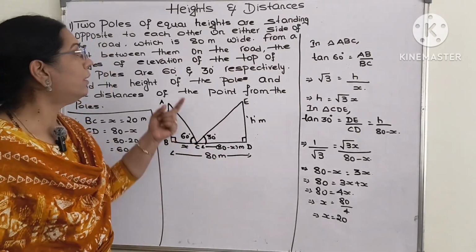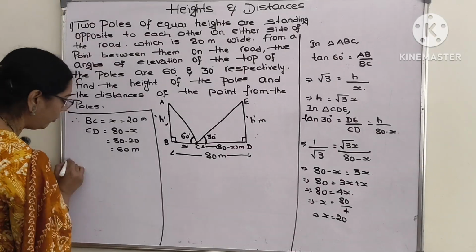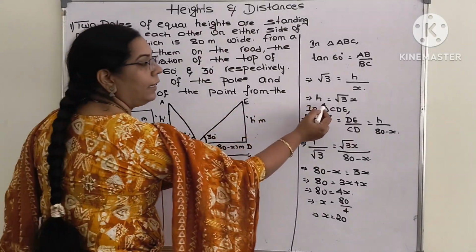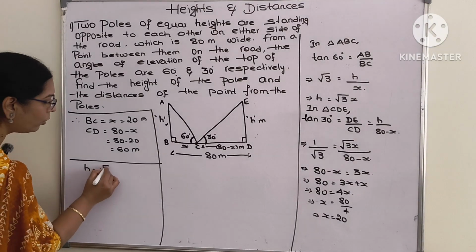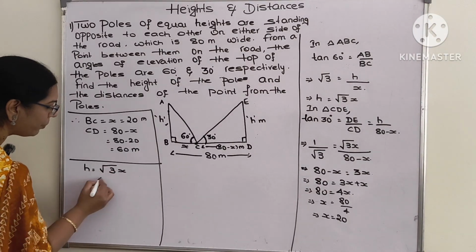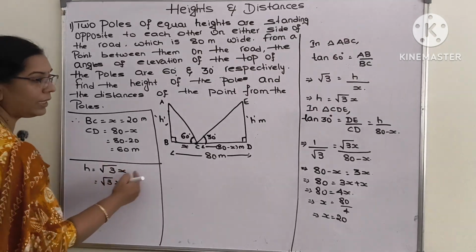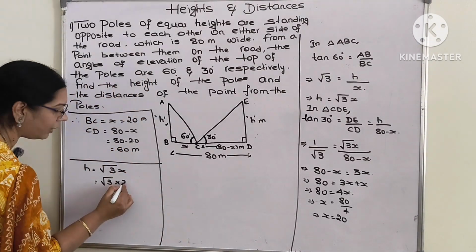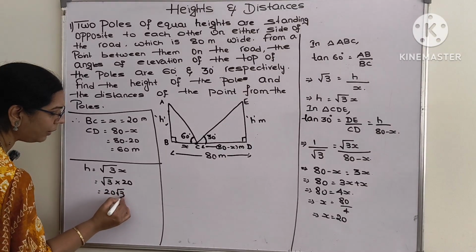What is the next thing we have to do? Find the height of the pole. What is the height given? Height is root 3 x. h is equal to root 3 x. Root 3 into, what is the x value? x is 20. So this is basically 20 root 3 meters.